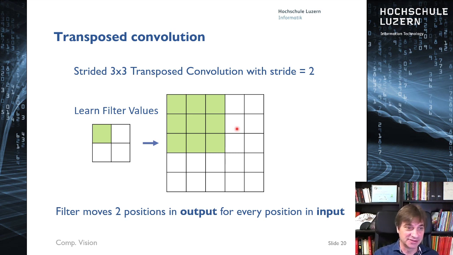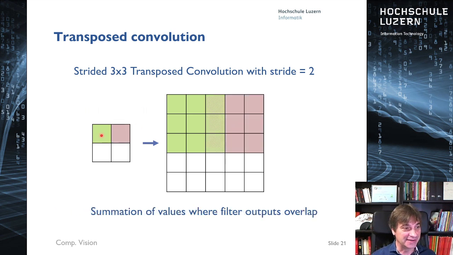So what happens when they overlap? If you go to the next pixel here, you will go 2 pixels in the output. You will replace again pixels here with the filter values, and where the filters overlap from the regions, you add. You'll probably have a filter that has less values here at the edge than it has in the middle here.